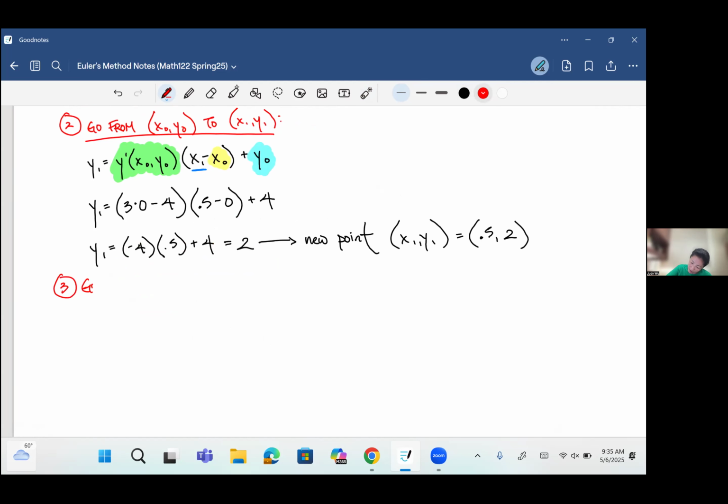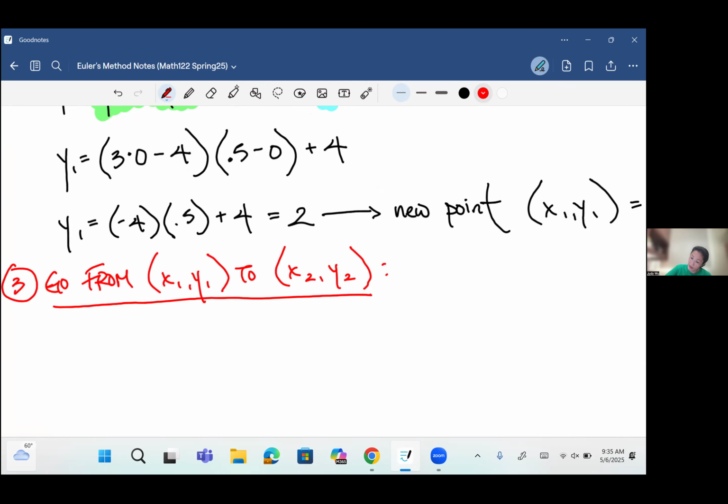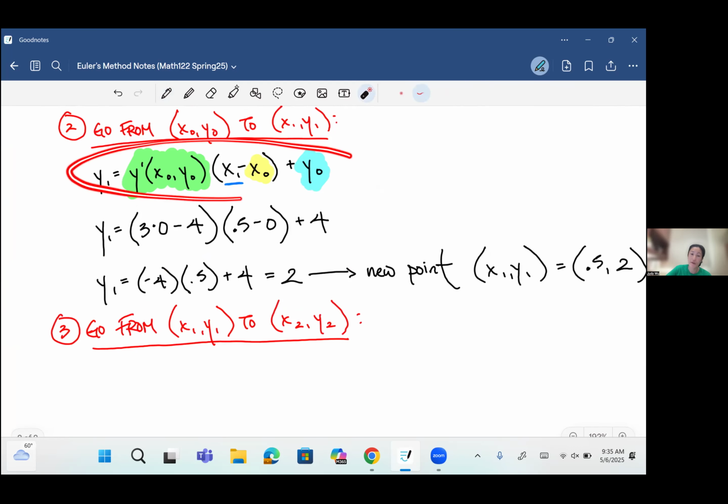This time we're going to go from x1, y1 to x2, y2. Okay? And all that's going to mean is that I'm shifting the numbers that I'm using here. I'm not starting with x0, y0 anymore. Now I'm starting with x1, y1, and I'm going to x2, y2.